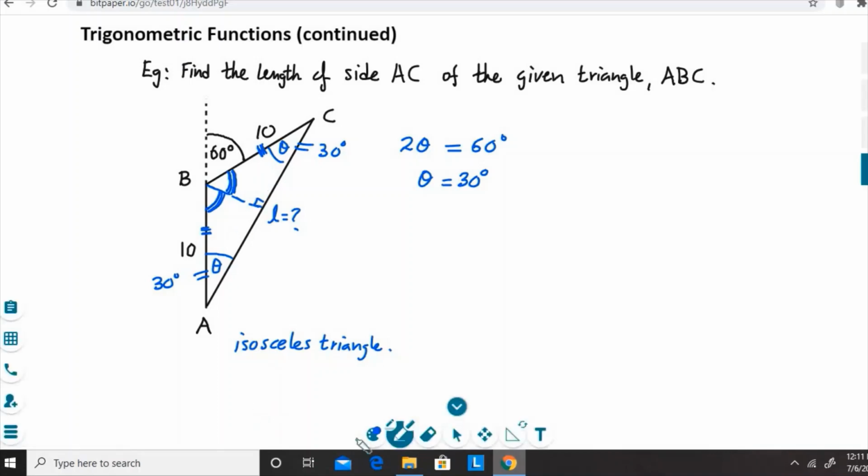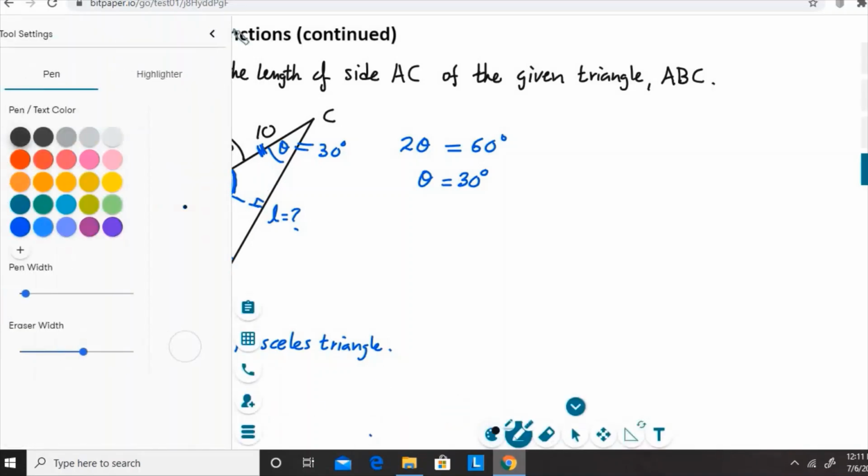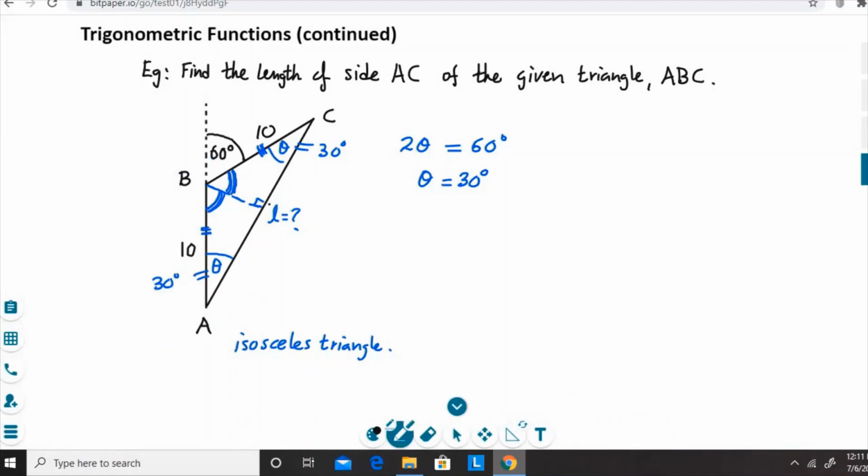So let me call this point D over here, and then we have ABD and CBD triangles which are congruent to one another.